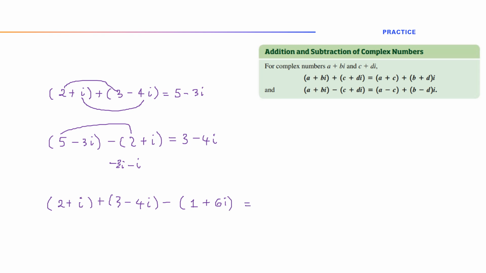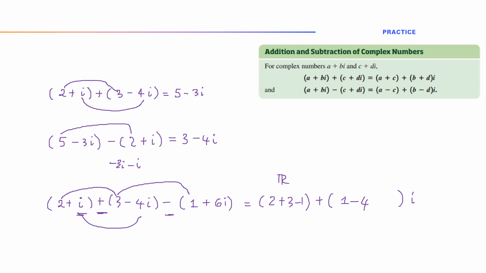Let's do that. We go from left to right, just putting numbers together. So 2 plus 3 is 5, then we minus 1. So 2 plus 3 minus 1, that's our real part. Now the imaginary part: we have i minus 4i, so let's say plus i is 1, minus 4, plus minus 6, because of the minus right here, so minus 6.